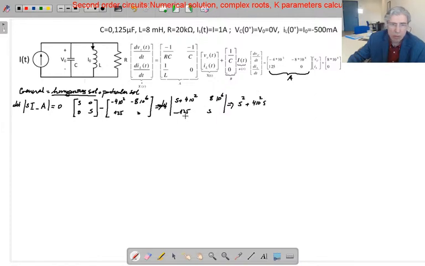That minus, one more minus, makes it plus. 8 times 125 is 1000, isn't it? So this is 10 to the power 9. Equal to 0. From this, you're going to get two complex roots. One of them is this.